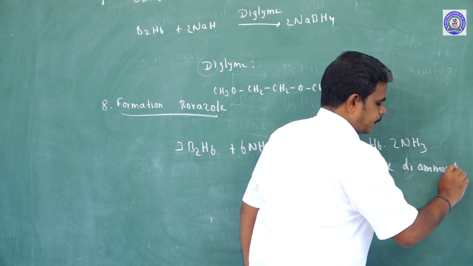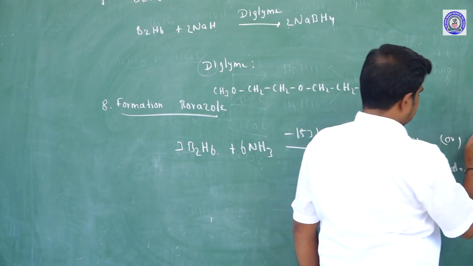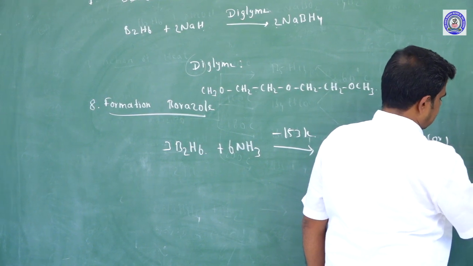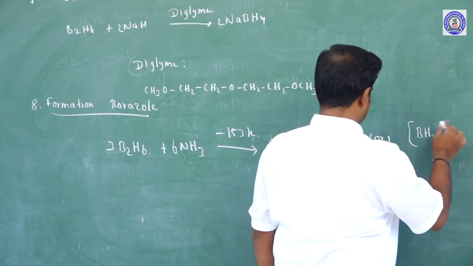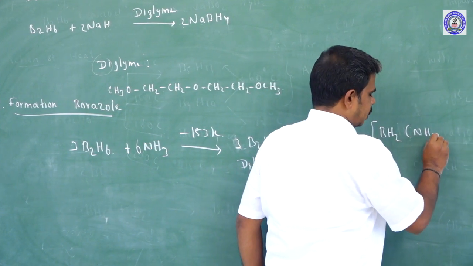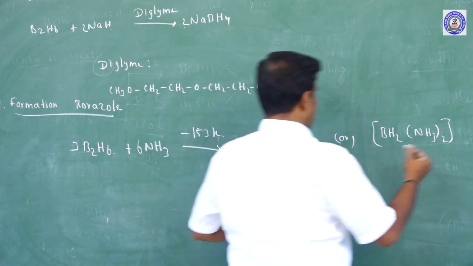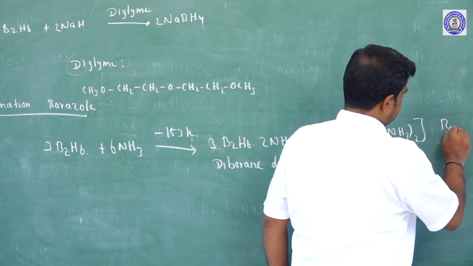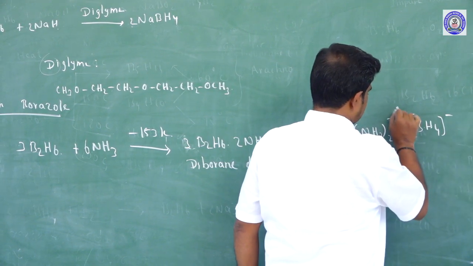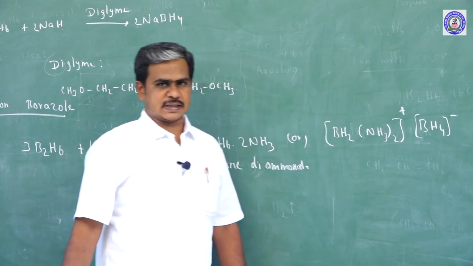Diammonate is otherwise written as BH2(NH3)2 plus and BH4 minus.